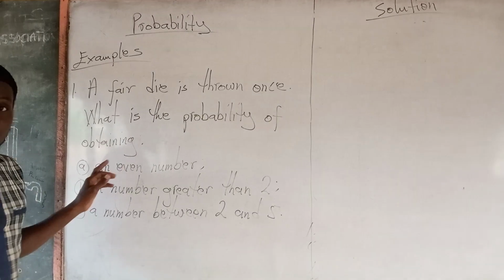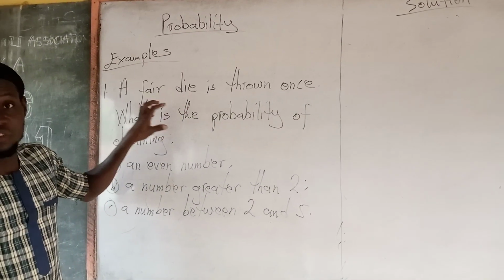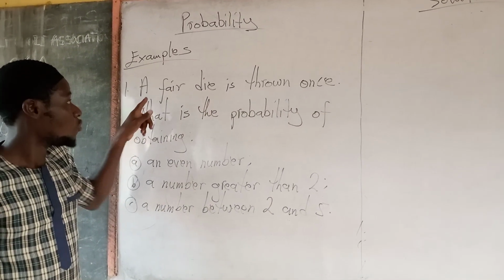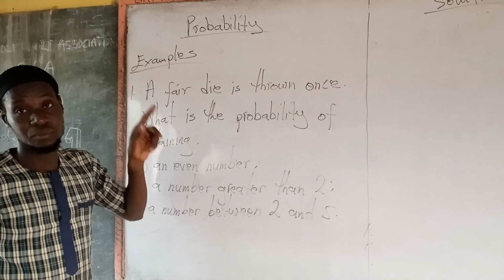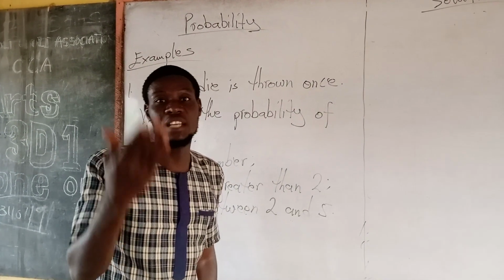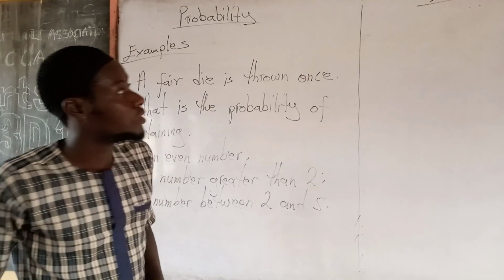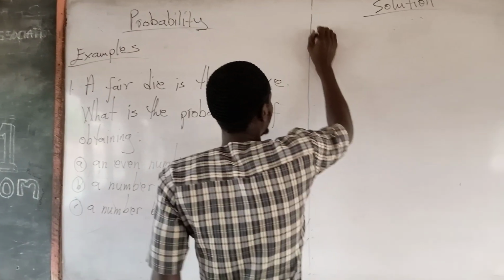To solve this, first of all, we will have to find the sample space for throwing a fair die once.